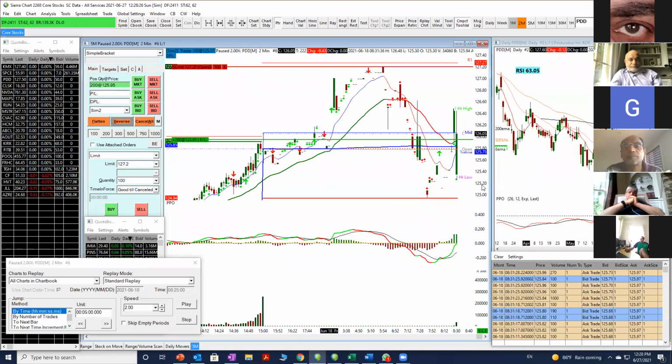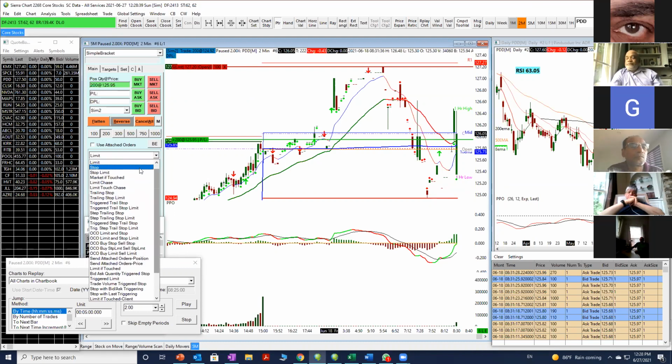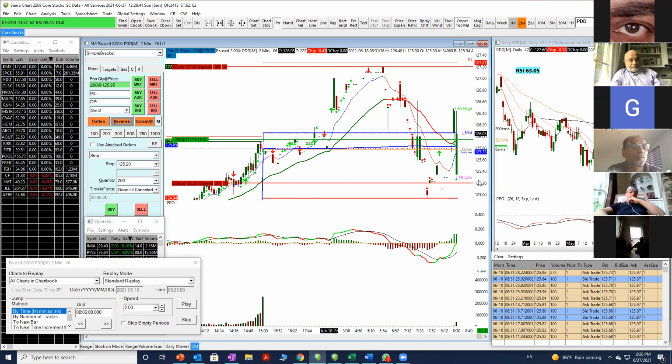And where should my stop loss be? I decided below this first hour level. So the stop loss will be on the total quantity, and it should be at around 125.20, something like that. And that should be a stop sell right here. Not really 125.20. The first hour low is this, which is 125.28.